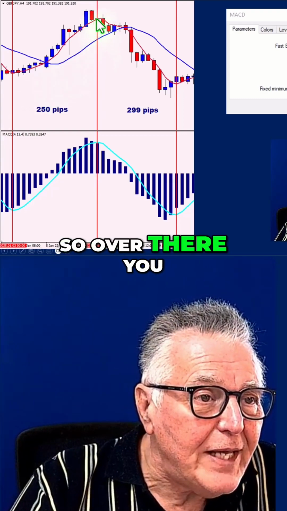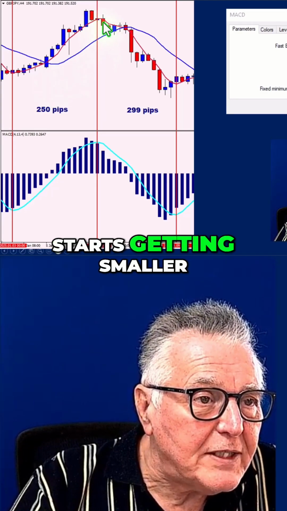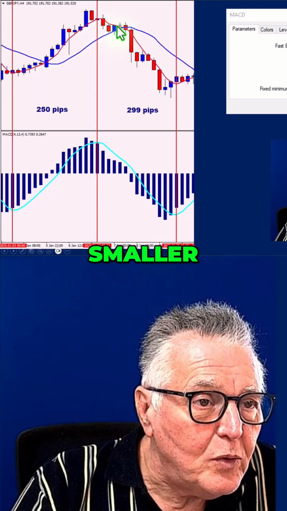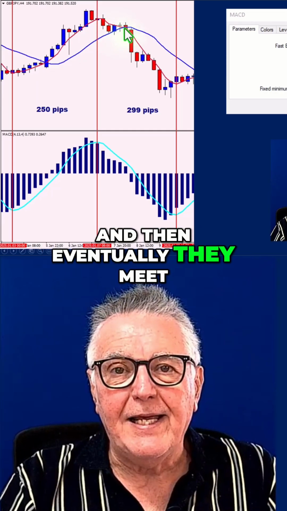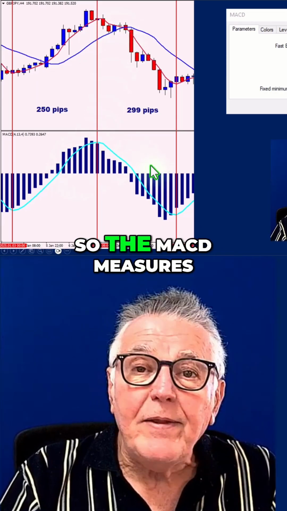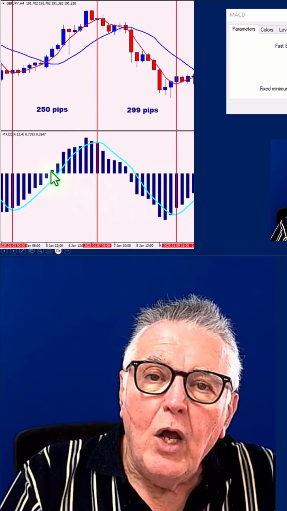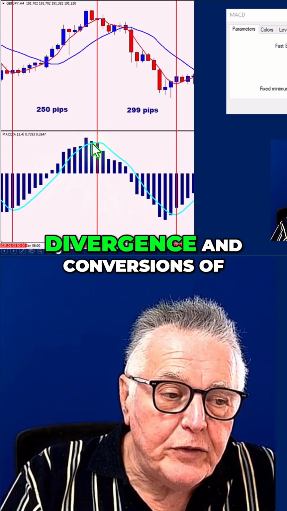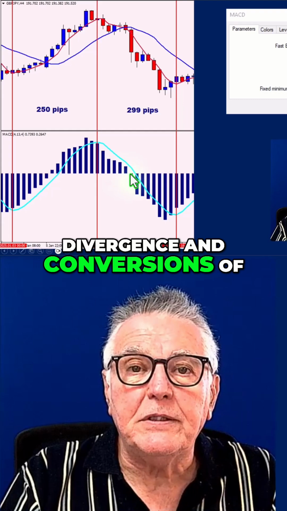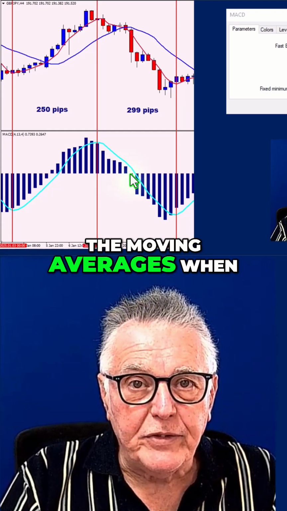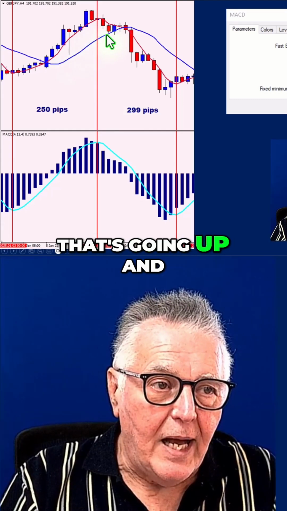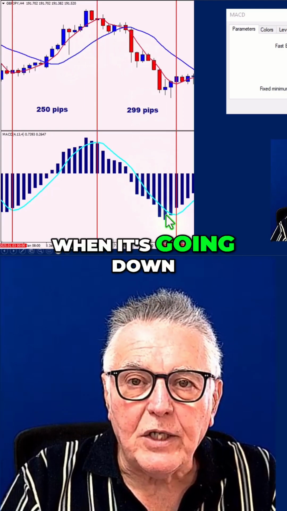So over there, you can see the gap starts getting smaller, smaller, and then eventually they meet. So the MACD measures the divergence and convergence of the moving averages when it's going up and when it's going down.